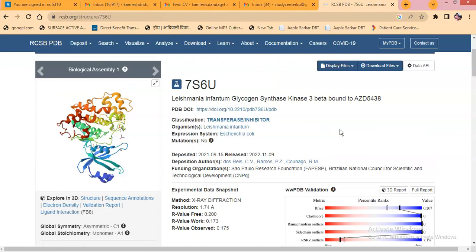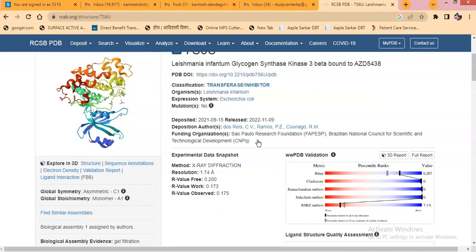For selection of protein, a number of parameters are required, and you can compare those parameters. Here the experimental data snapshot is mentioned, which gives that X-ray diffraction was the technique used, and the resolution of this protein was found to be 1.74 angstrom.